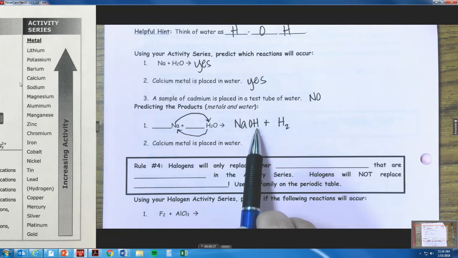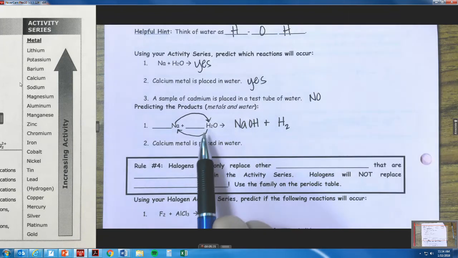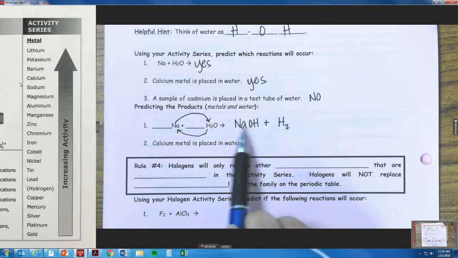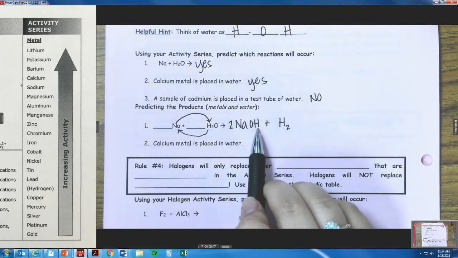So no matter what coefficient you put here, it can be either odd or even. Okay, but remember, it has to be even because water has a hydrogen subscript of 2. Okay, so if I make this even, it'll make it easier for me to balance hydrogen.